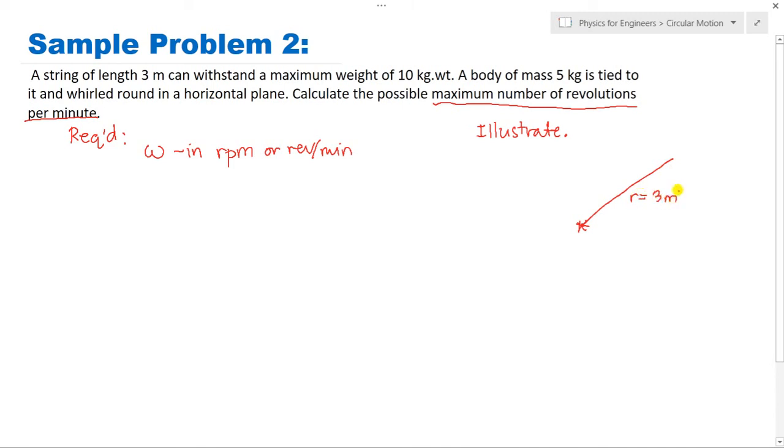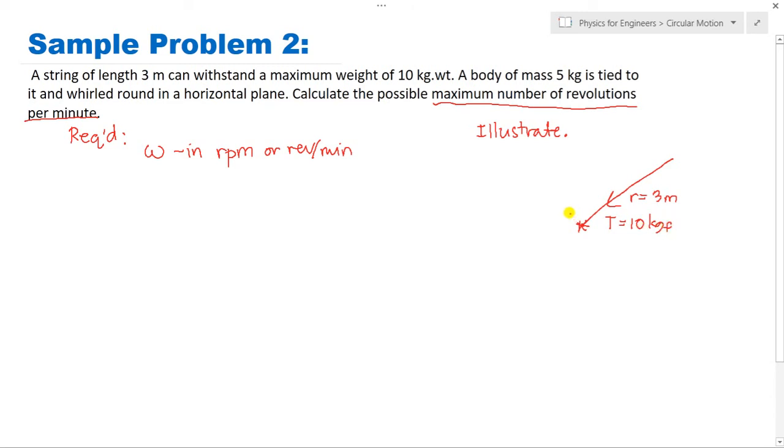Then, sabi niya, it can withstand a maximum weight of 10 kilogram weight. So, therefore, it can stand a tension force. Tension force kasi maka-stand daw siya, meaning hindi siya ma-break apart or maputol. So therefore it's a tensile force, meaning it has a maximum tension of 10 kgf.